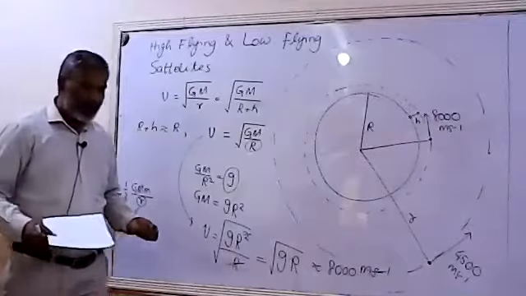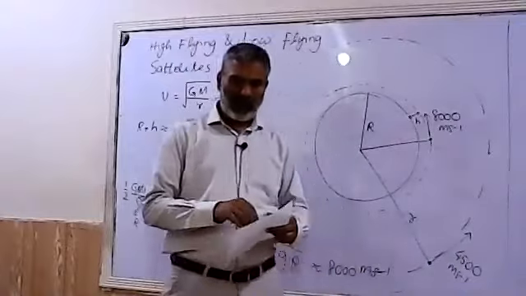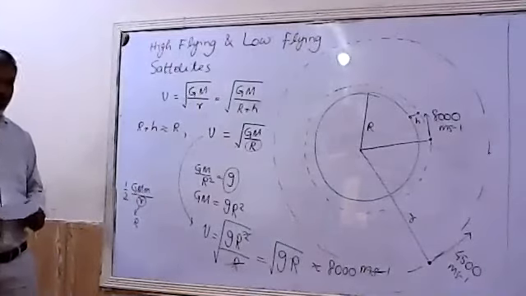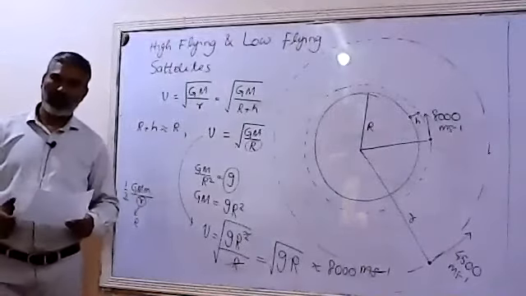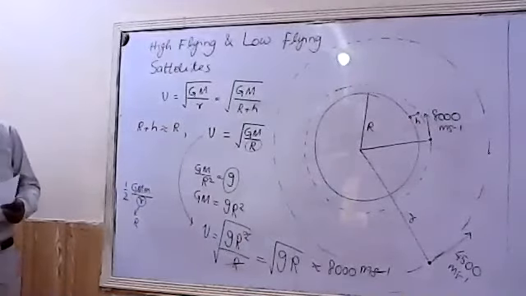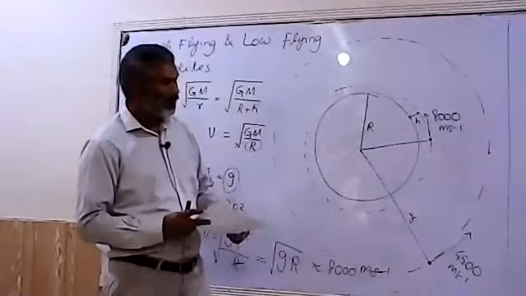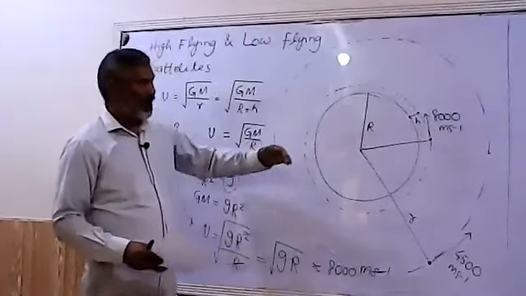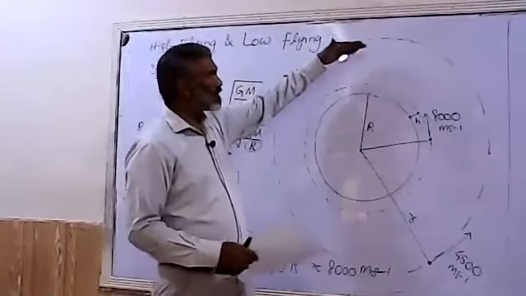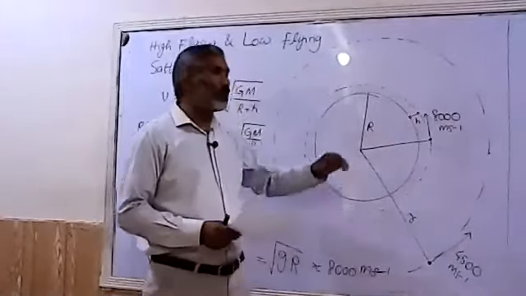But kinetic energy is not the only type of energy that we have to worry about. At times, we are required to calculate the potential energies as well. In the next lecture, we will calculate the potential energies of the satellites, and then we'll see what changes take place in the potential energy. Obviously, one thing which you will readily understand is that when an object moves from a much higher position to a lower position and its kinetic energy is increasing, its potential energy must go down.